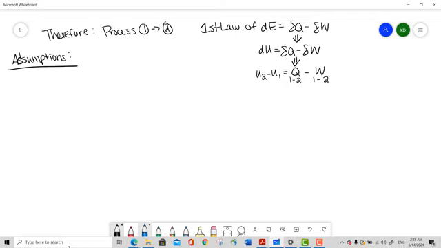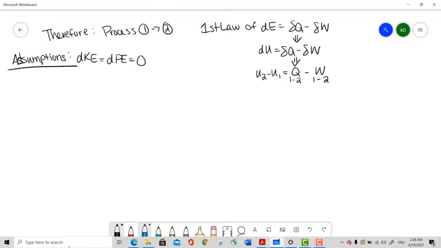So make your assumptions so that I know that you know what you're doing. And it can be just as easy as change in KE equals change in PE equals 0, right? So now I'm going to know that you just omitted that to 0.